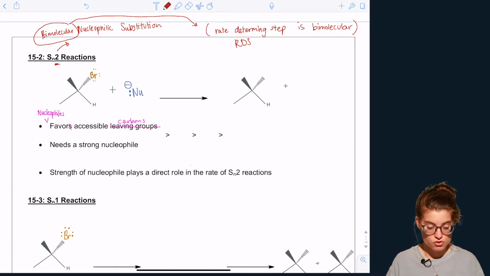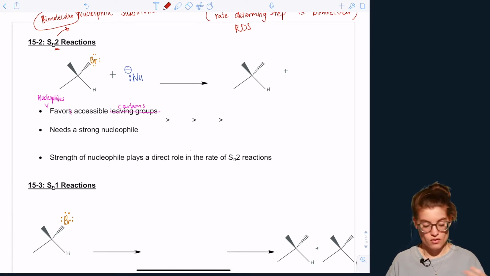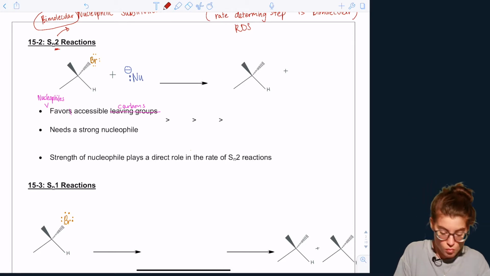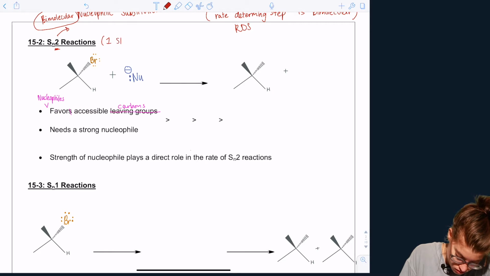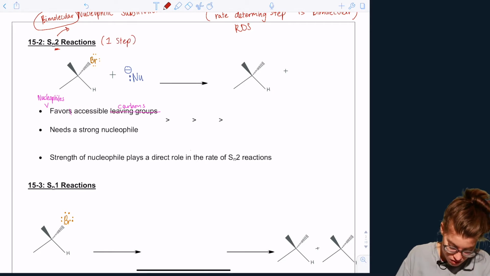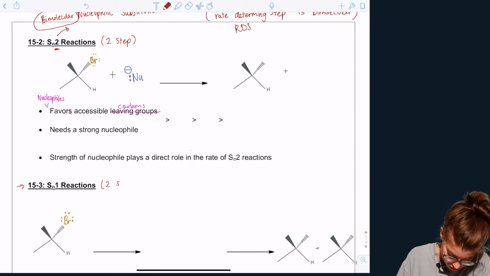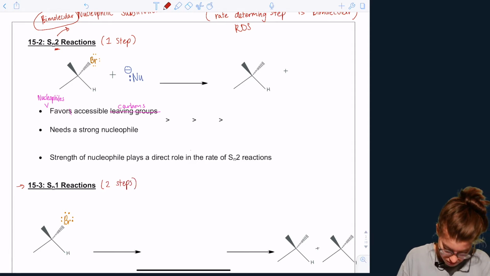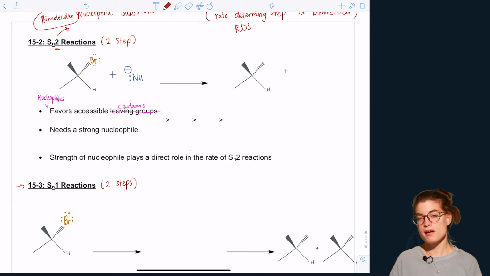Now, here's the interesting thing, and a lot of people memorize this, where SN2 reactions are 1-step reactions, okay? Whereas SN1 reactions are 2-step reactions, all right? Okay, so think about it this way.